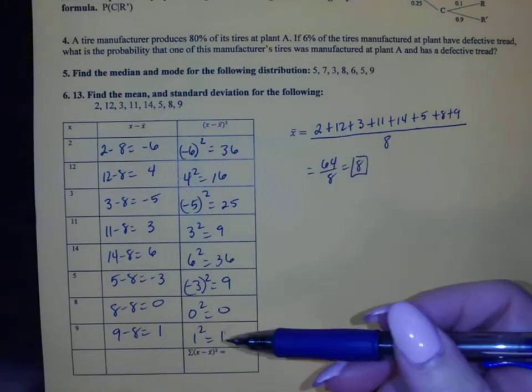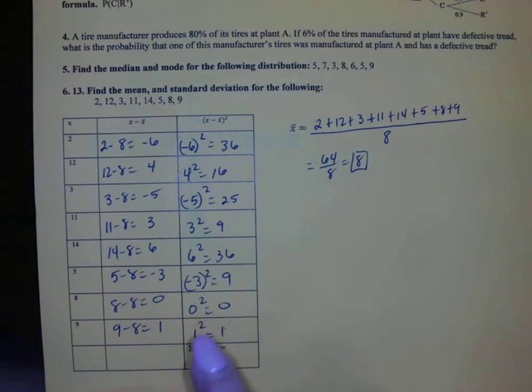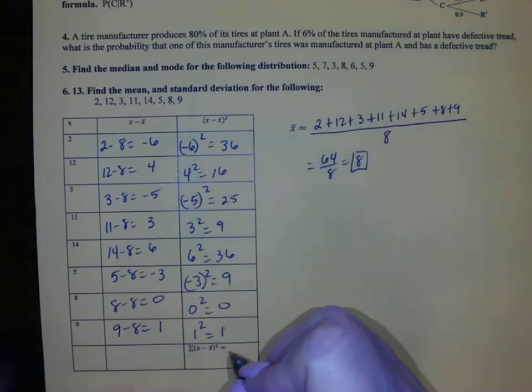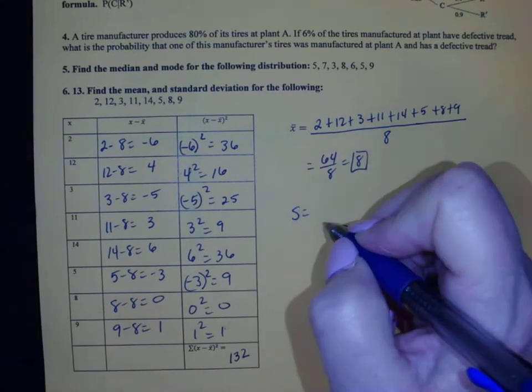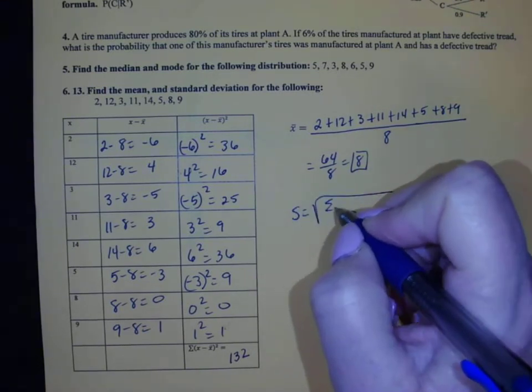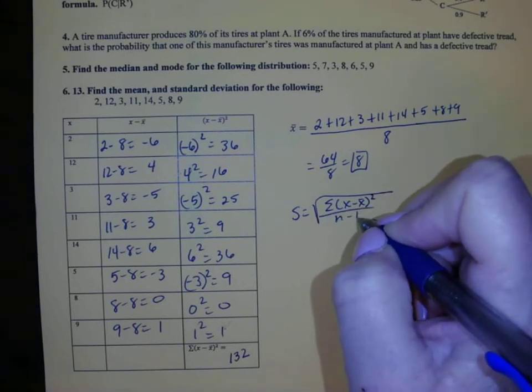Now, when I add all of these together, I get the summation, which is that symbol there. It means to add them all together. And I get a total of 132. So now to do my standard deviation, remember that the standard deviation is the square root of the summation of x minus x bar squared over n minus 1.